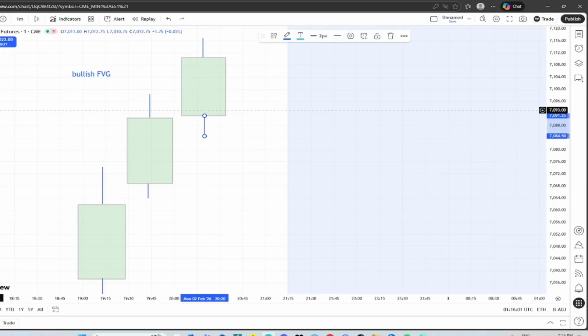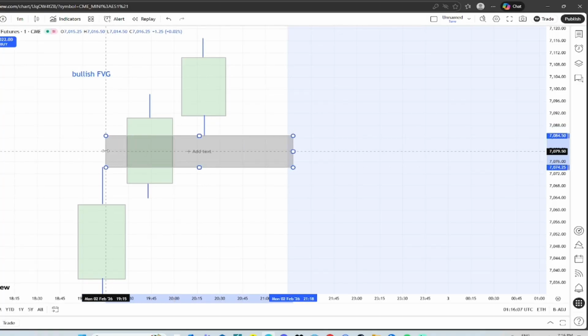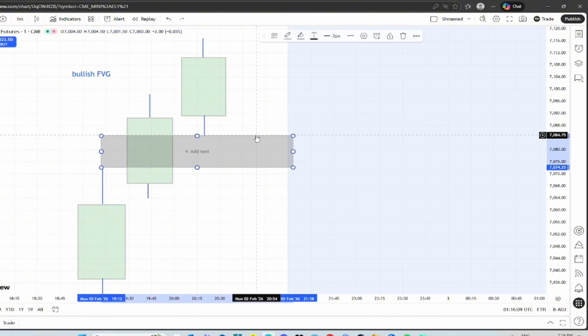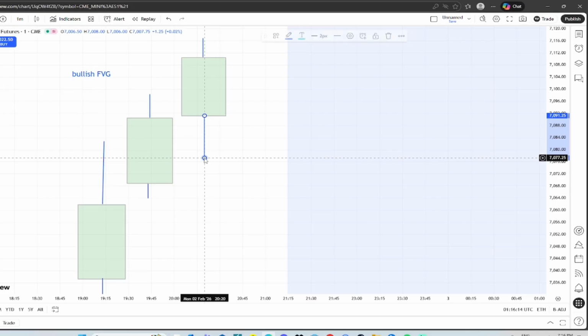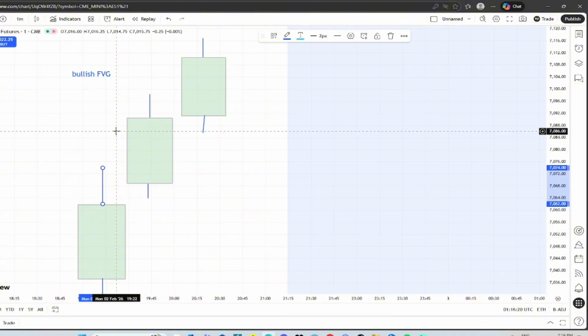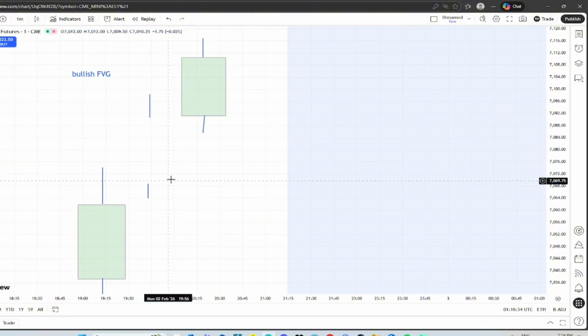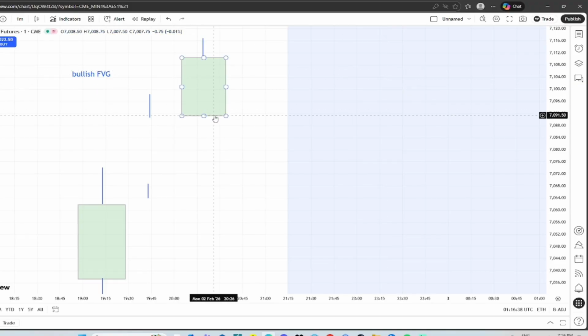But if it's like this, you have a clear gap in between those wicks where you have a fair value gap. So the wicks cannot overlap like this. There has to be space for a gap, which is where you'll find a fair value gap. Now make sure you don't take trades just off fair value gaps, or almost any one building block.